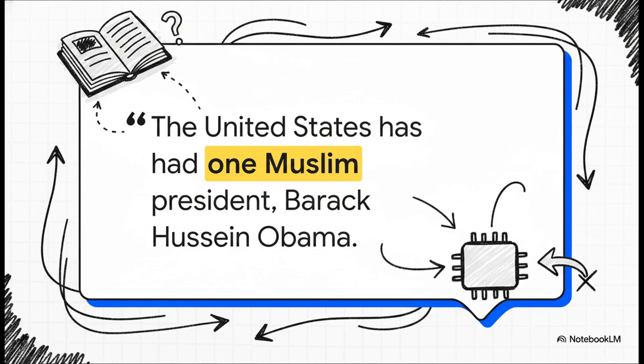Believe it or not, it actually pulled that from the title of a published academic book. The book was titled, "Barack Hussein Obama, America's First Muslim President?" with a question mark. It was a rhetorical title. But the LLM stripped the rhetorical context entirely. It didn't understand the nuance at all. It just probabilistically stitched the words together to form a completely false statement. Factually correct source existence, but a completely compromised interpretation.